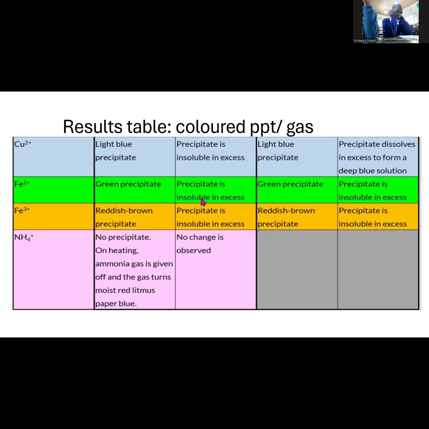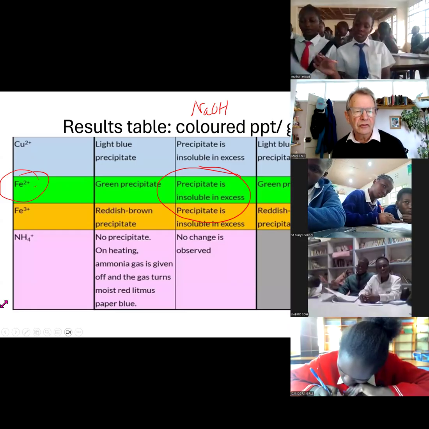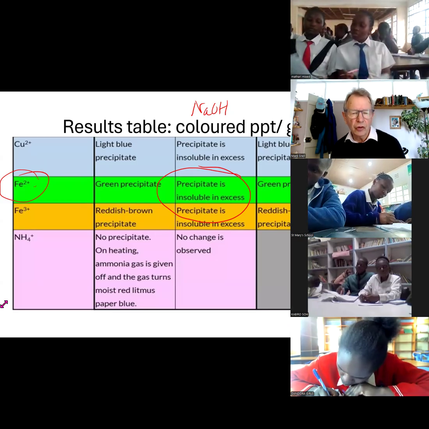So I'm going to give you a chance just to write an equation for one of these. So what I'd like you to do is just write an equation for this precipitate forming. This is with sodium hydroxide and iron 2. Just see if we can do that. Iron 2 and sodium hydroxide making a green precipitate.